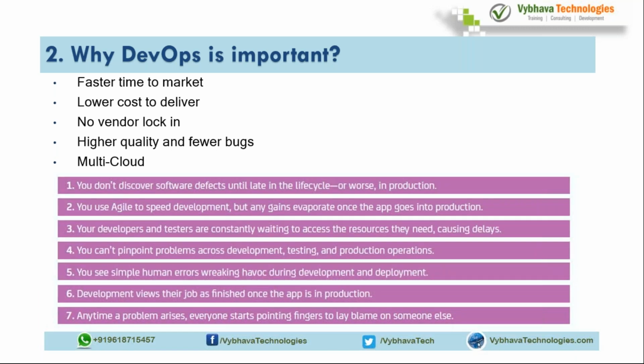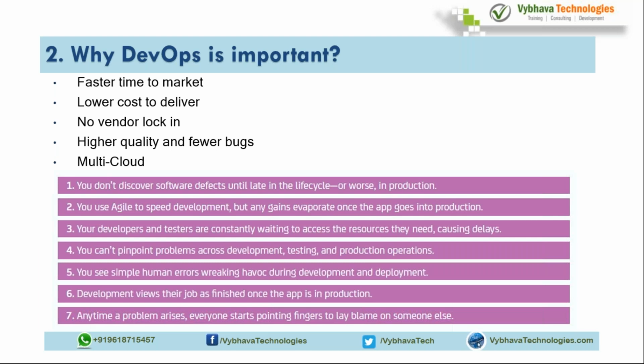So if you look at this small table, so why DevOps? You don't discover any new software defects until the end of the life cycle. This was the situation. If you look at the waterfall model, it would go on to a 3 months life cycle.